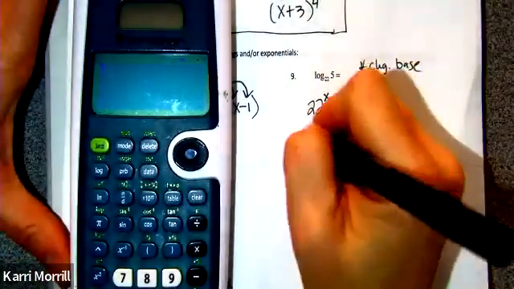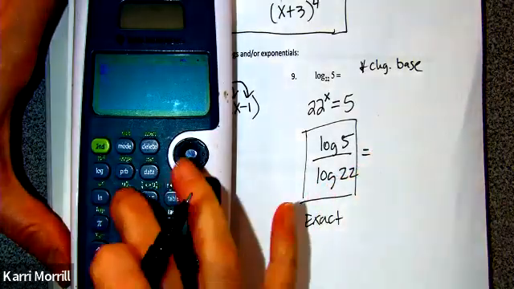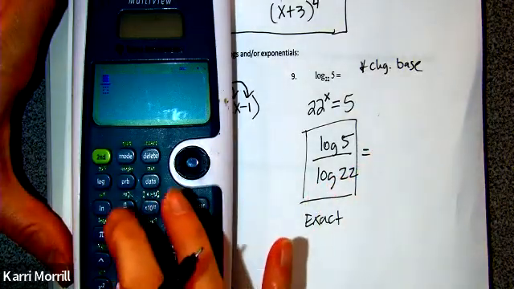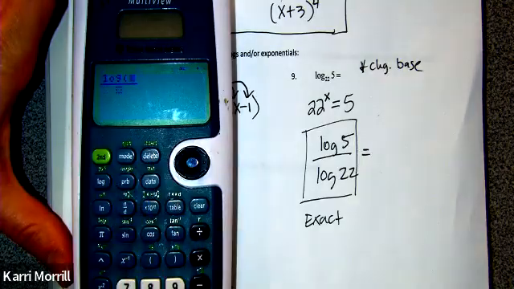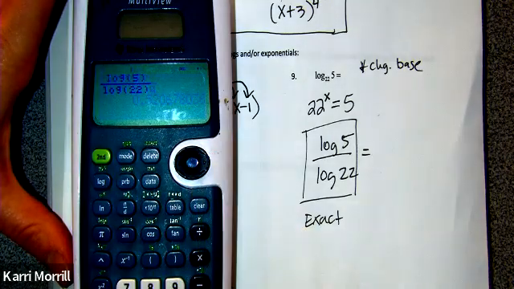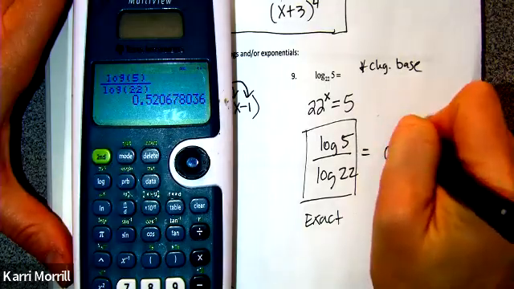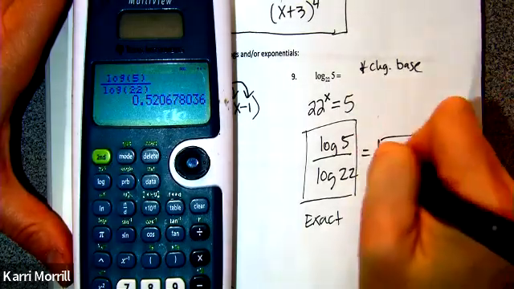Again, this would be your exact answer. If we say round, we would type it in and solve. So log 5 over log 22 would be maybe 0.521 if I rounded to the nearest thousandth.